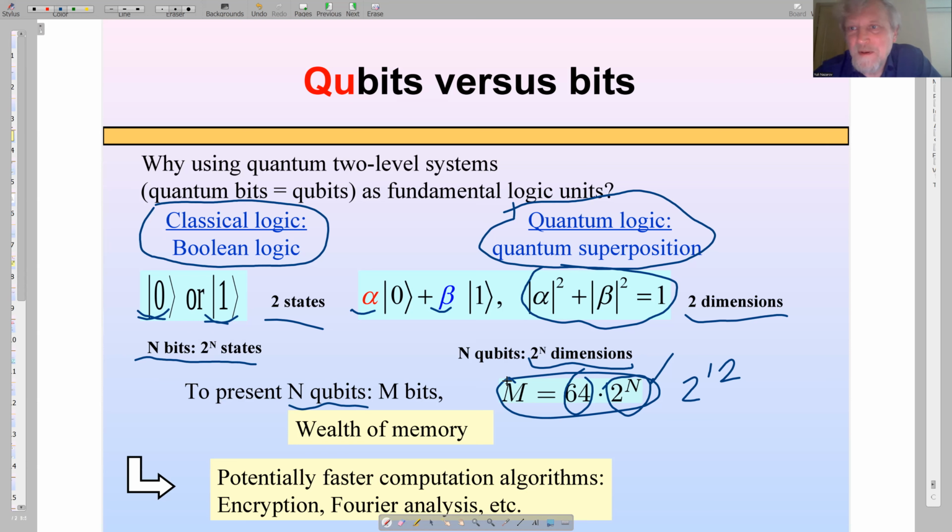It's a simple, perhaps naive algebra of 2 to the power n, but yeah, it shows how rich quantum applications could be. However, let us understand the drawback of it.